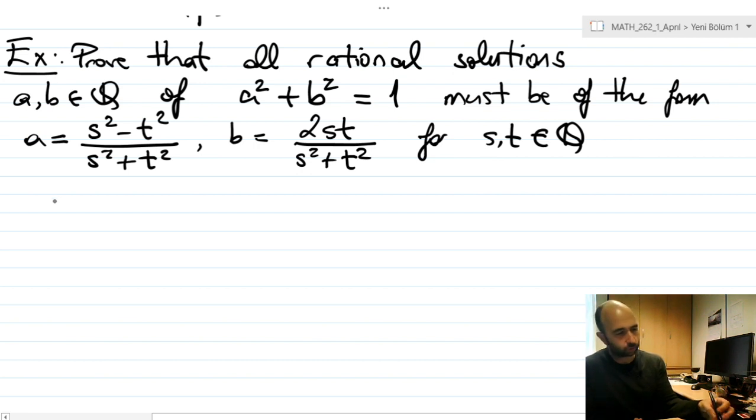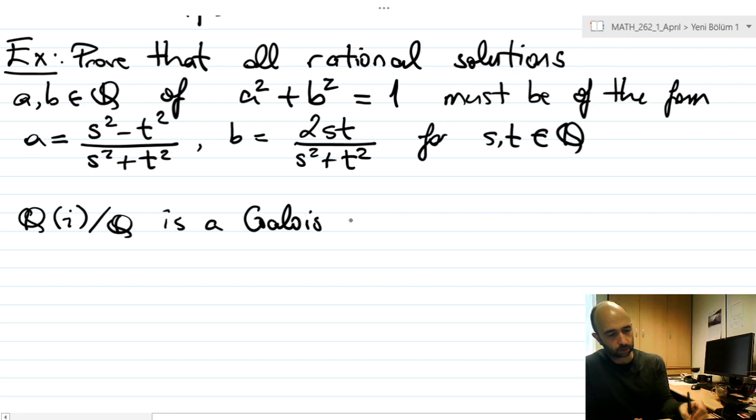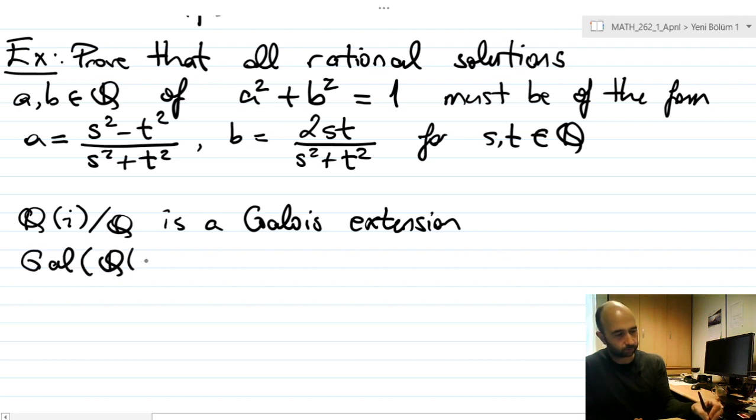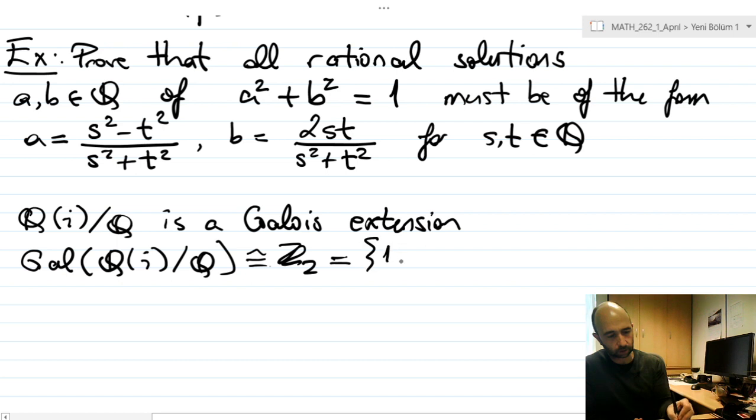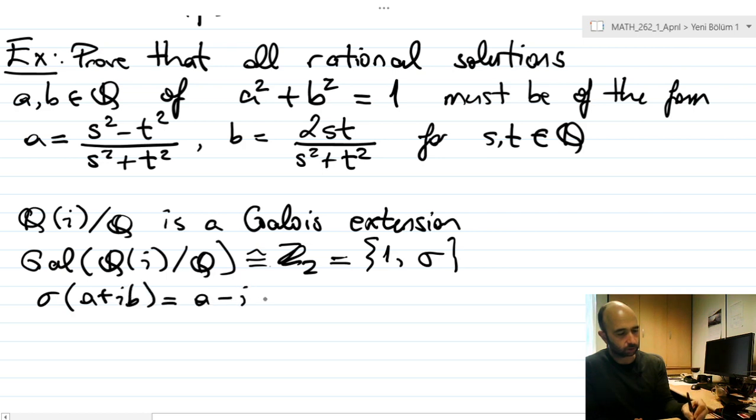So now all you have to observe is that Q adjoin i over Q, well, this is a quadratic extension, so it is a Galois extension, with, of course, a Galois group that is also extremely simple. It's just a two-element group, let's say 1 and sigma, where, of course, sigma is the good old friend, complex conjugation, right?